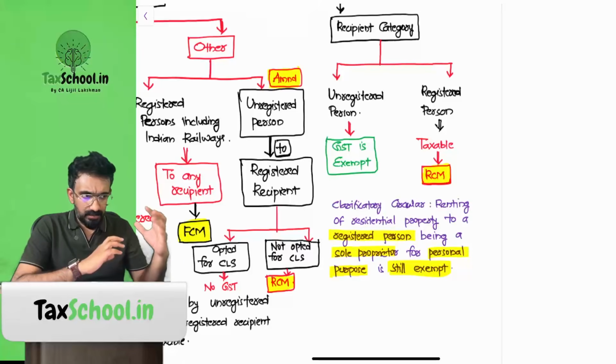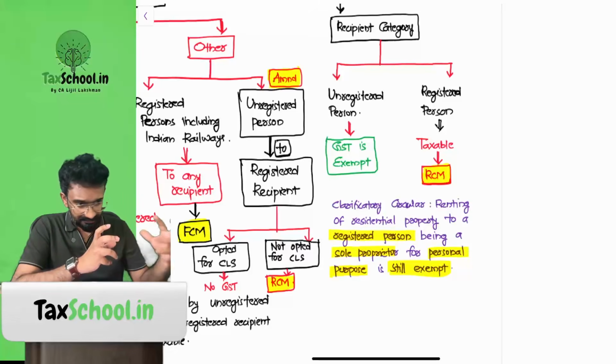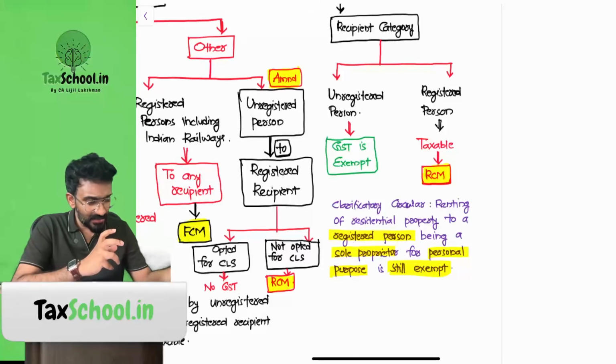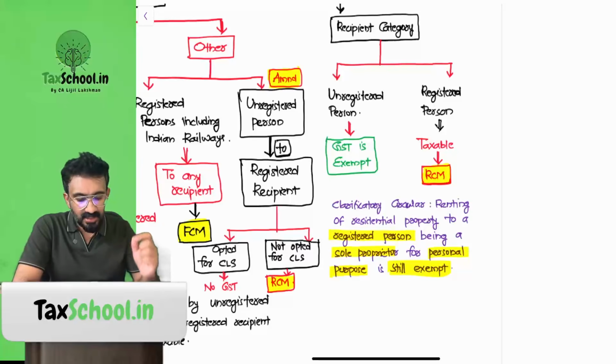So I would consider that a sole proprietor will have two capacities, an unregistered personal capacity and a registered business capacity. The clarification says that renting of residential property to a registered person being a sole proprietor for personal purpose is still exempt.